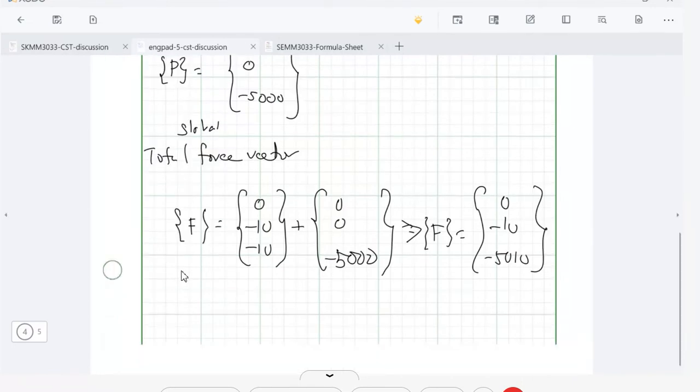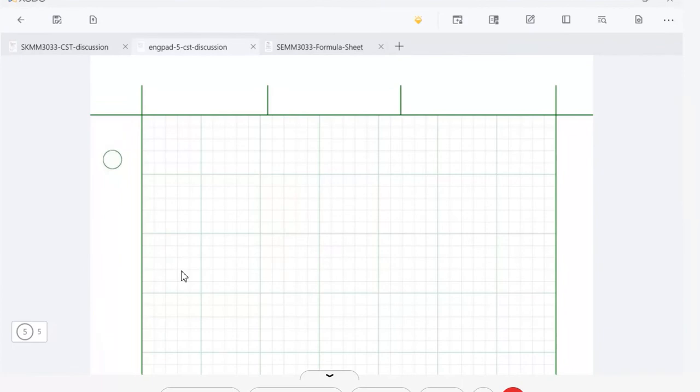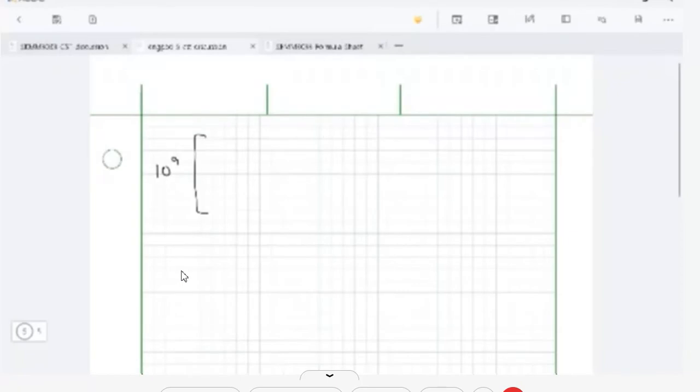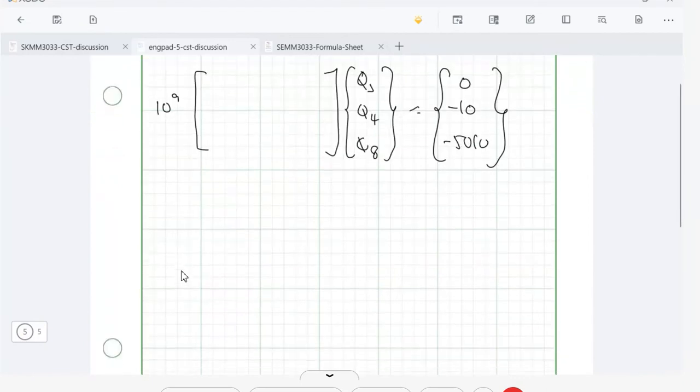So note that this is from the uniform load, this is from the point load. So now we can basically find our global displacement. Of course, this is our global K matrix. This is our degrees of freedom, Q3, Q4, and Q8, and equal to our force vector, which is 0, minus 10, and minus 5010. And of course, you can solve for Q3, Q4, and Q8.